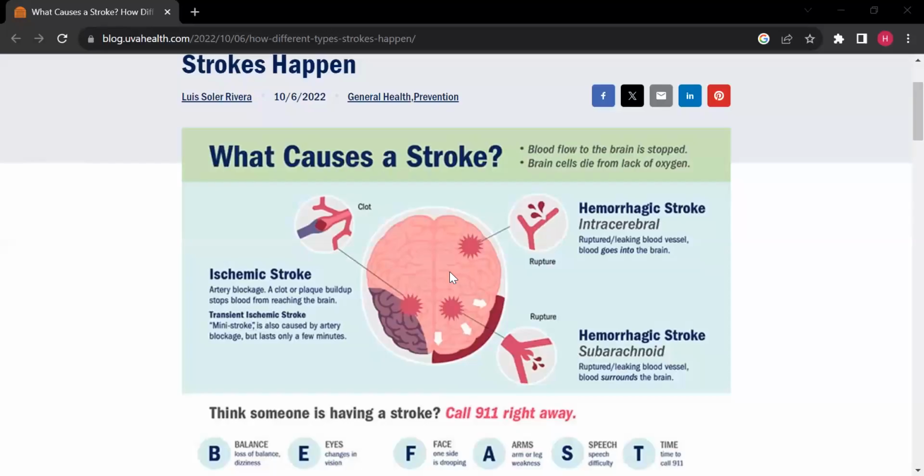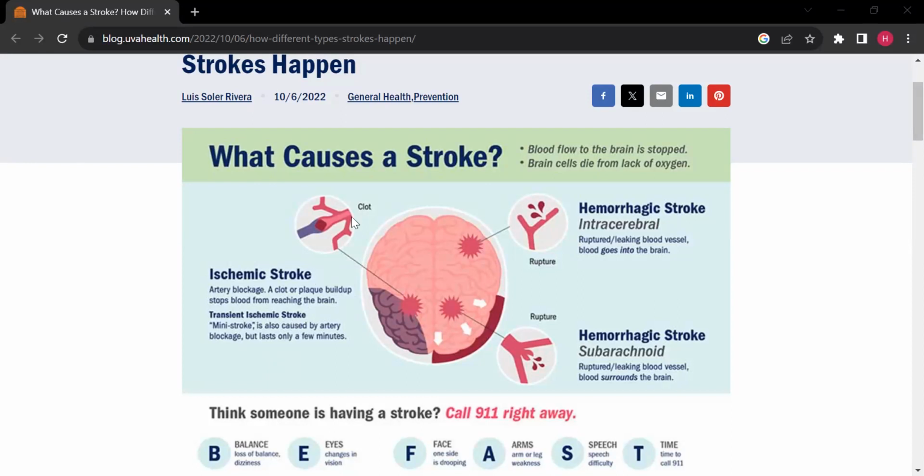Now we talked about atherosclerotic plaques, and in the previous one it was in the coronary arteries, where it blocked blood flow to the heart myocardium.